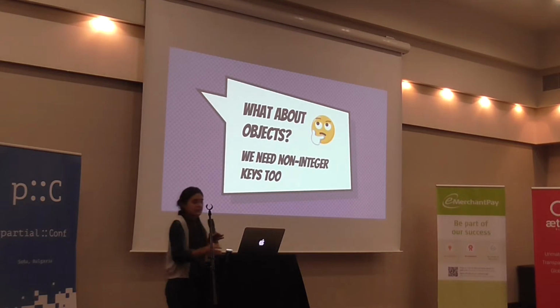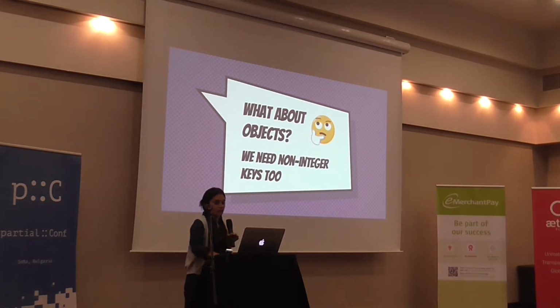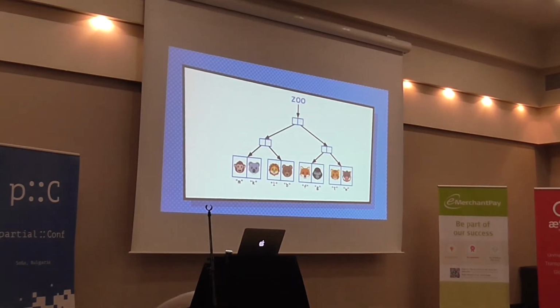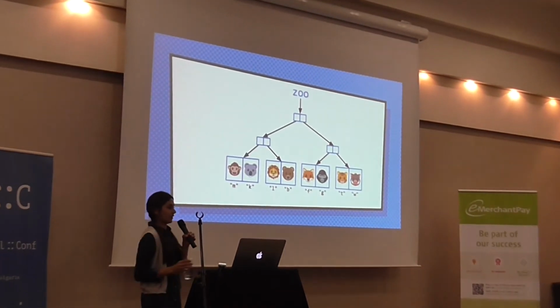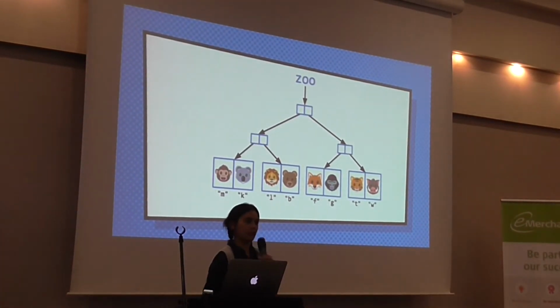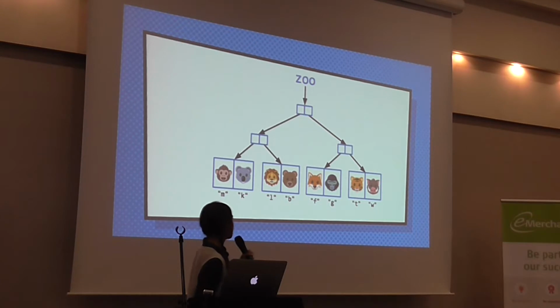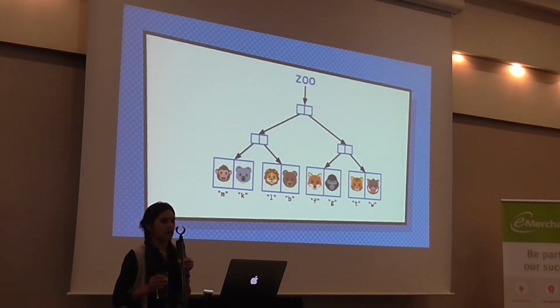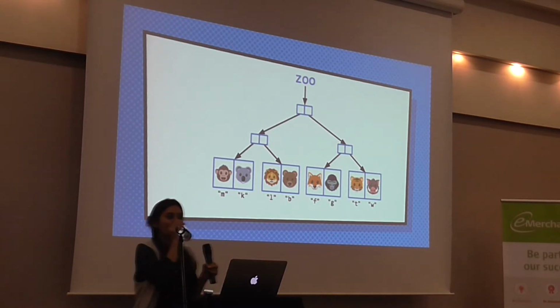How do we represent something like a dictionary or a map or something like a JavaScript object? So, for example, maybe I want to have my tree, instead of having numbers and indices for each animal, maybe I want to have the first letter of their name, like M for monkey and K for koala and G for gorilla, etc. How would I represent this?